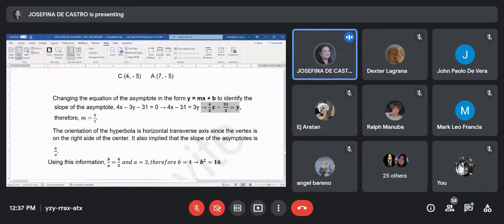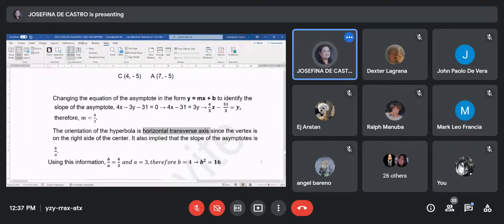Okay? Now, since yung ating point ay nasa right side ng center natin, ito ay A or one of the endpoints of the transverse axis, horizontal transverse axis siya. Okay?